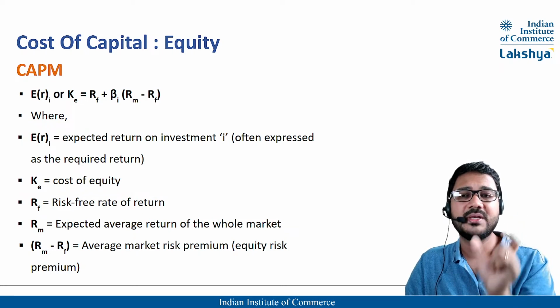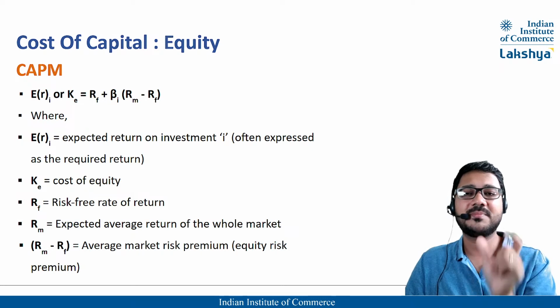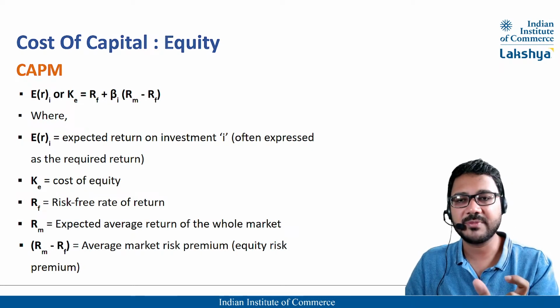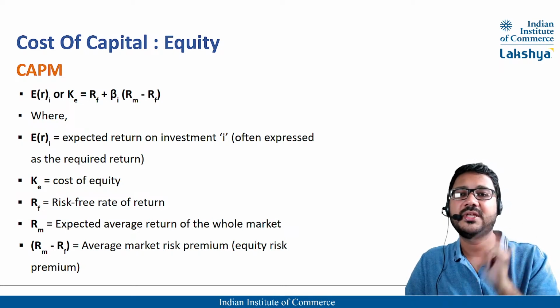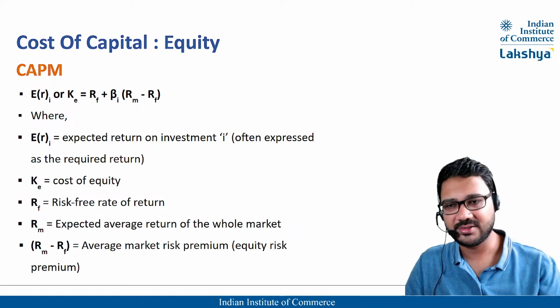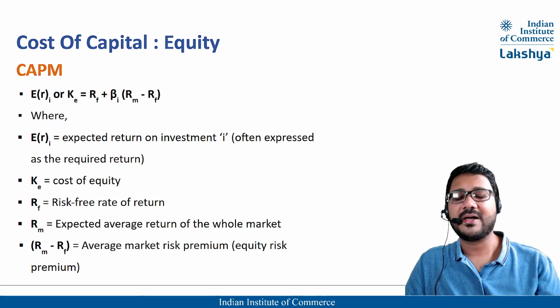As a whole, RM minus RF is called a market premium or equity risk premium. That is the premium that you need to have if you are investing in the equity markets. All right. Individually, RM stands for market returns.